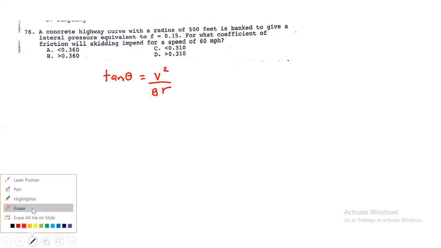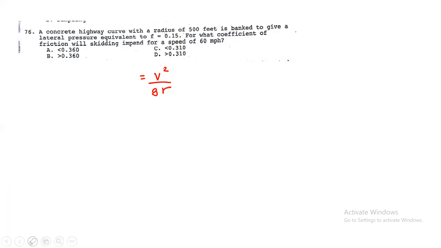So, guys, for 76, tangent of theta is equals to v squared over gr. Isn't that our formula for banking curves? Since we have a given friction, we will change this. So, the formula when there is friction is tangent of friction theta plus the given angle.